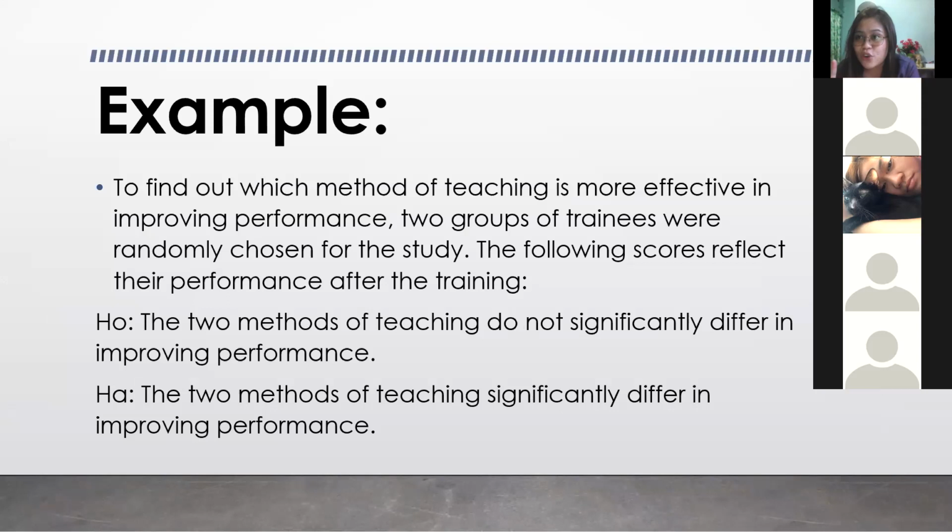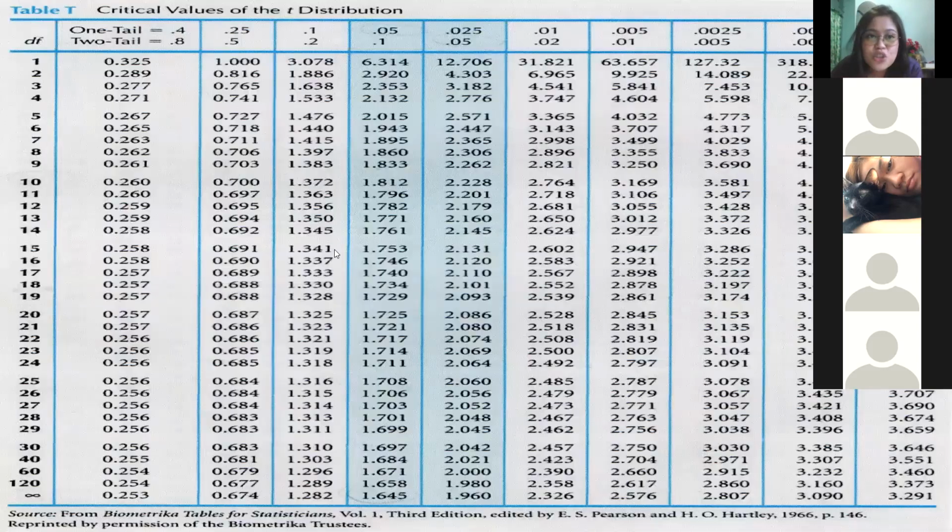There's no direction, so it should be two-tailed. Now, for social science studies, the level of significance is most likely 0.05. Again, most of the time, it's 0.05.